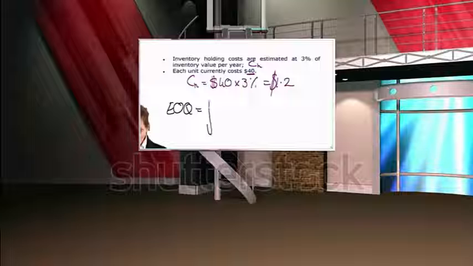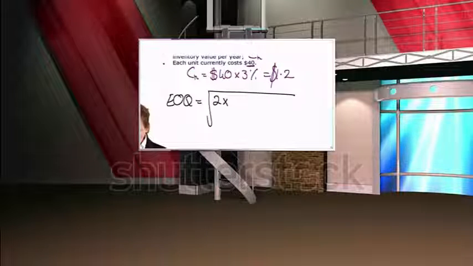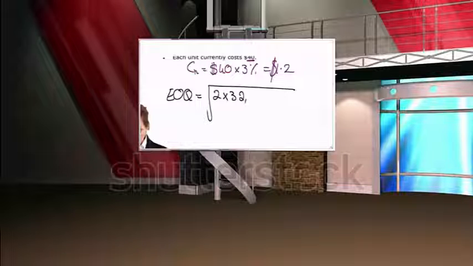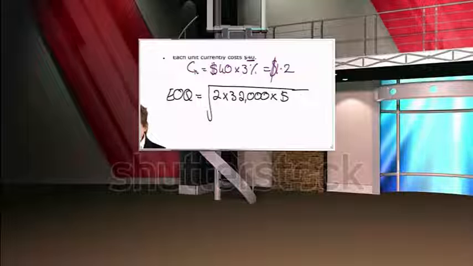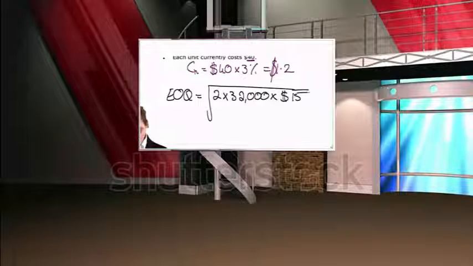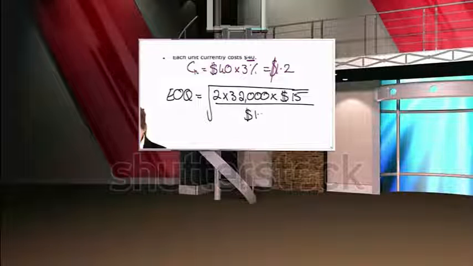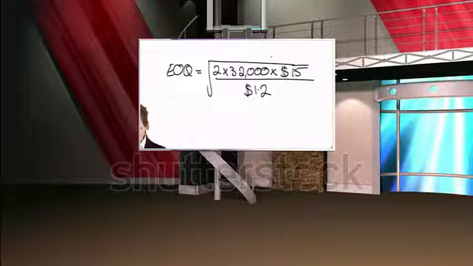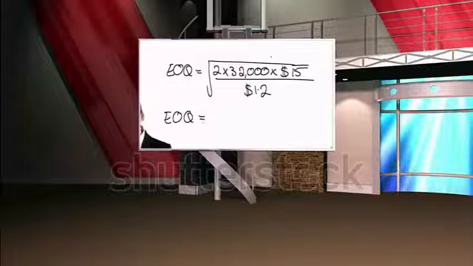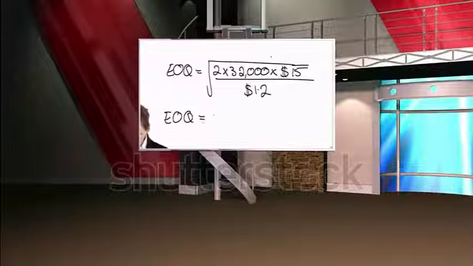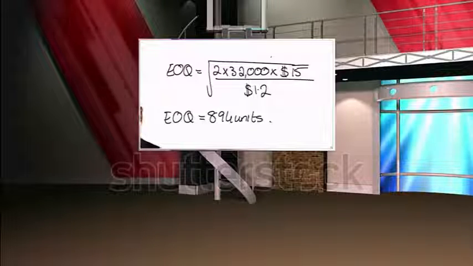So our EOQ is the square root of 2 times the demand, which was given to us as 32,000, multiplied by the cost of placing one order, which is 15. And we divide by our cost of holding, 1.2. If you punch that into your calculators, if we round to the nearest unit, you should get 894 units.